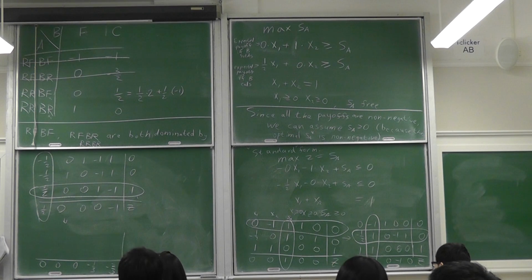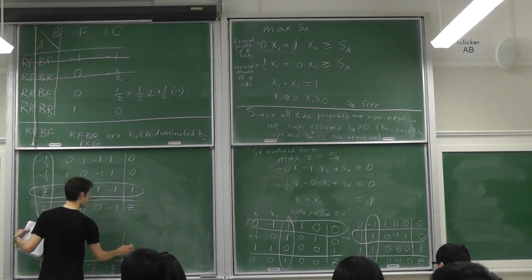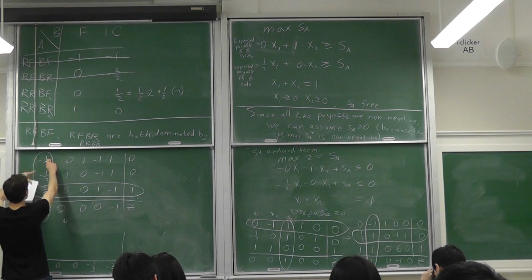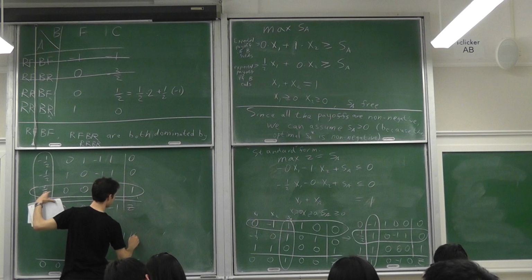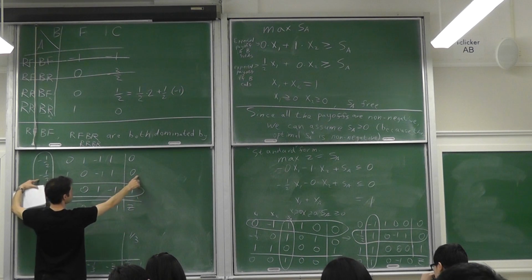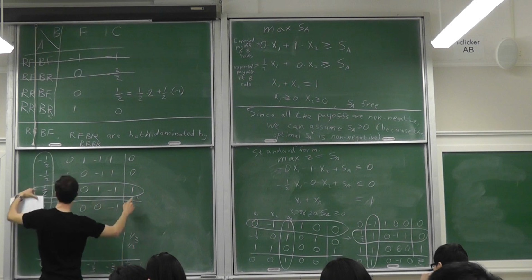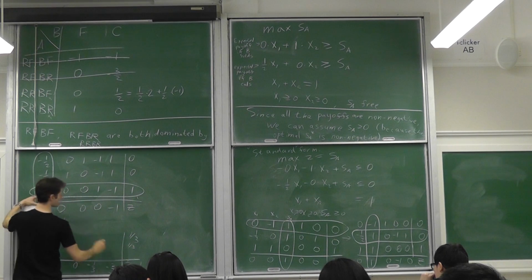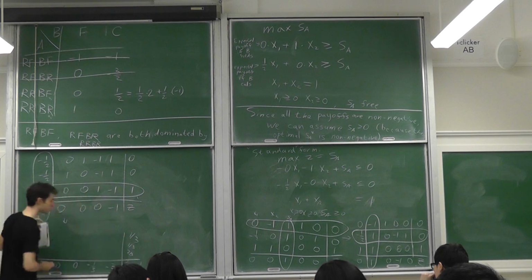To find out what this solution is, we find these numbers. So here I have to add 1/3 of this row, so it's 1/3. Add 1/3 of this row, so it's 1/3. And divide this by 3/2, so we get 2/3.